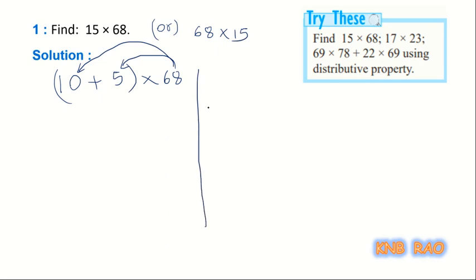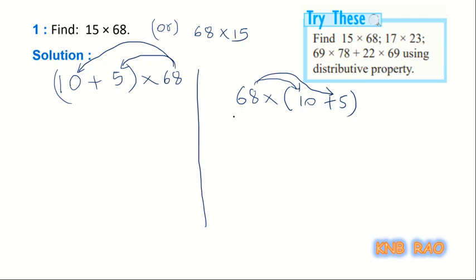That means I can write this as 68 into 10 plus 5, where now 68 is multiplying from the left side. So, this is called the left distributive property. You choose any one of them.